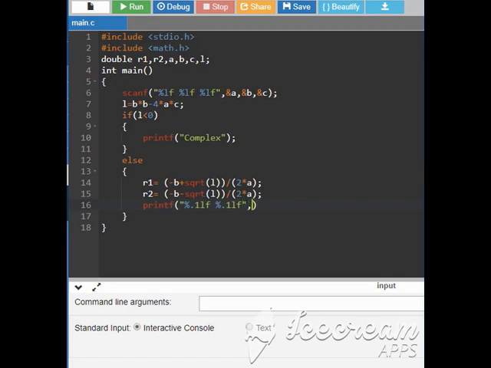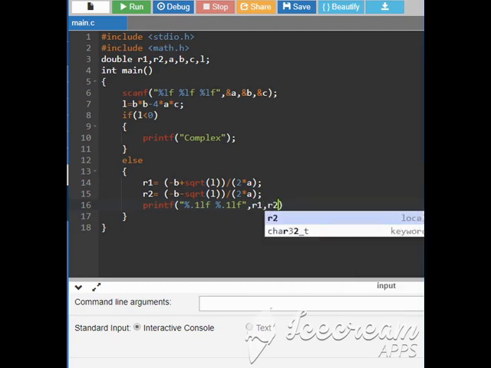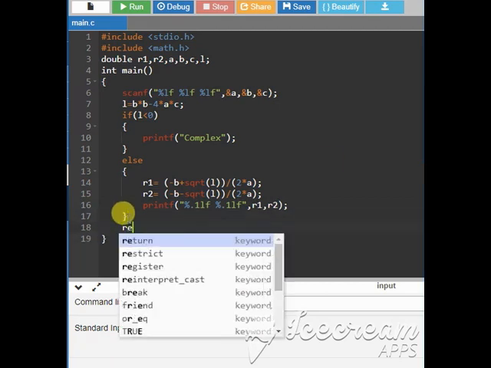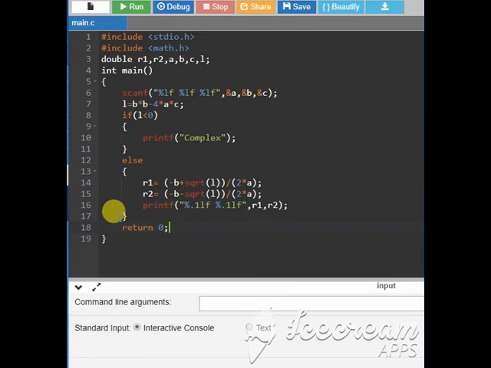Okay, root 1 and root 2. So return 0, and yes, we should have our answers.